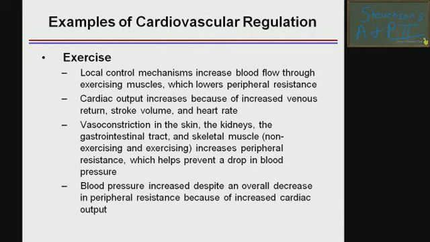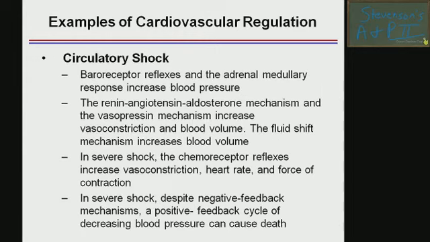Vasoconstriction in the skin, kidneys, gastrointestinal tract, and non-exercising skeletal muscle increases peripheral resistance, which helps prevent a drop in blood pressure. Blood pressure then increases despite an overall decrease in peripheral resistance because of increased cardiac output.